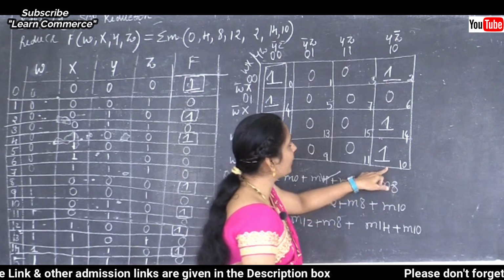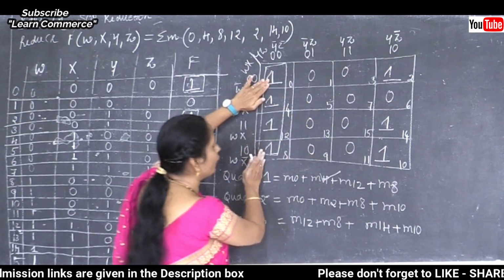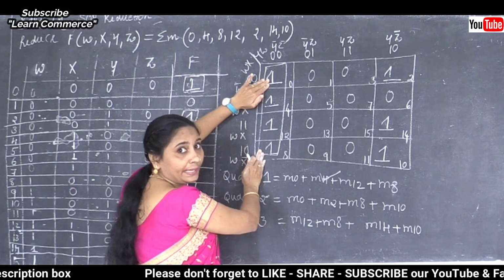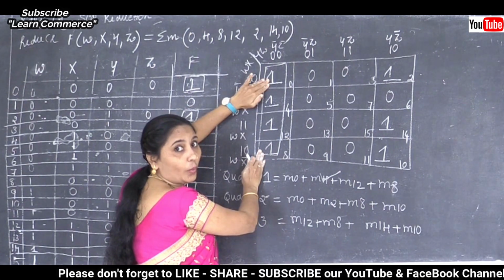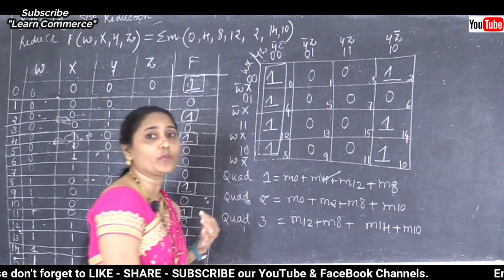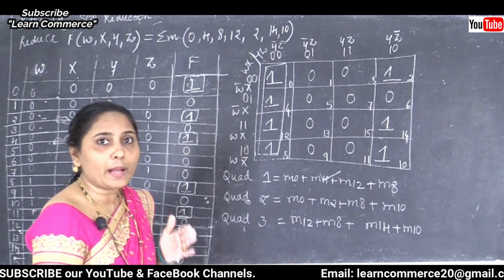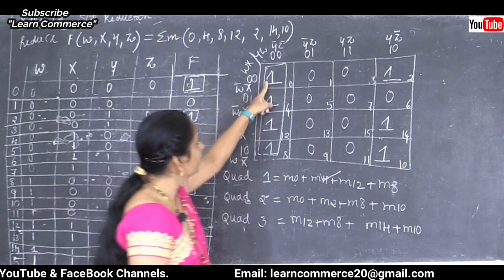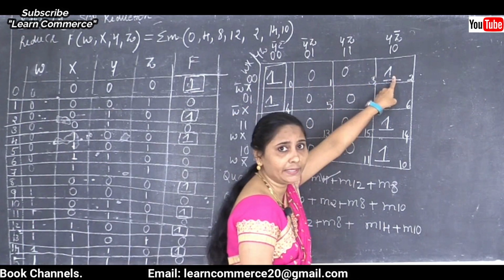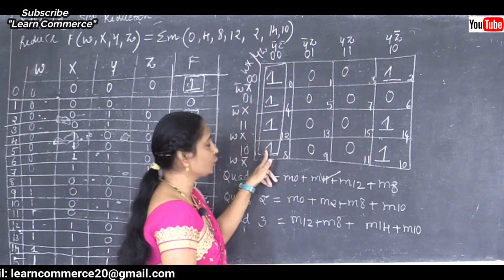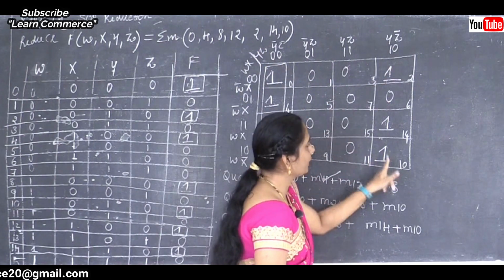So when you take 0, 8, the values are 2 and 10. Again, we can say that here one more quad is there, and this is an example of the map rolling. We know the meaning of the map rolling: the left edge touches the right, and the top edge touches the bottom.